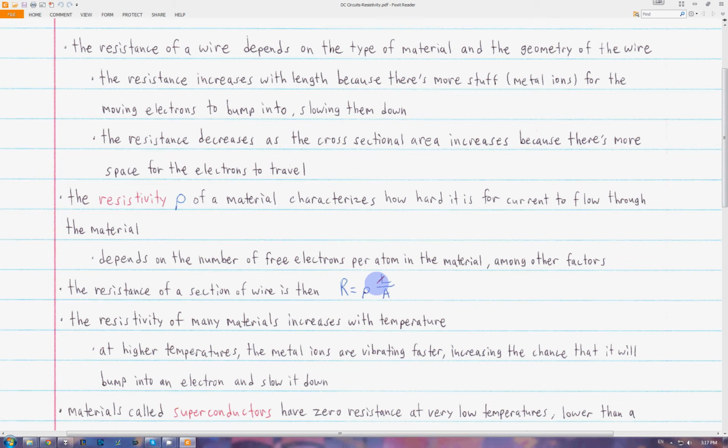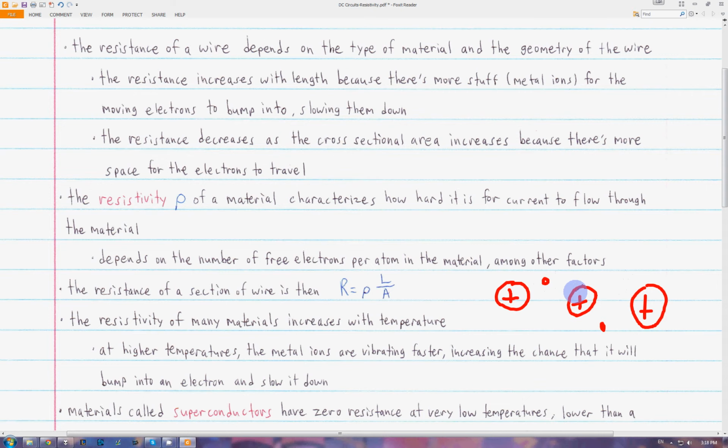And so for many materials, the resistivity increases with temperature, because remember, in a wire we have these positive metal ions that are stationary in an array, and then the electrons moving past them.